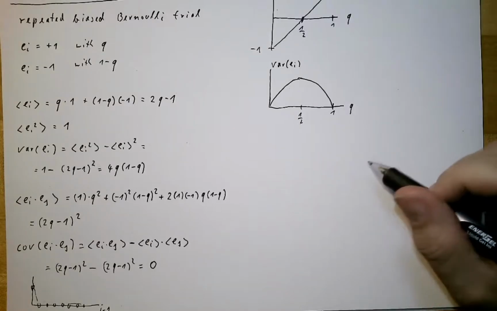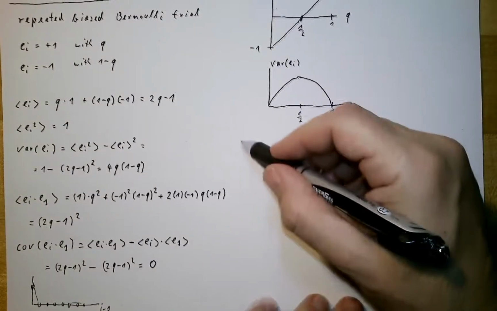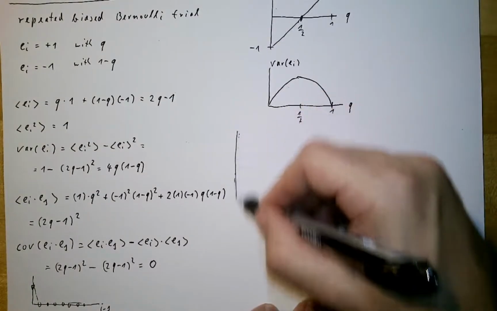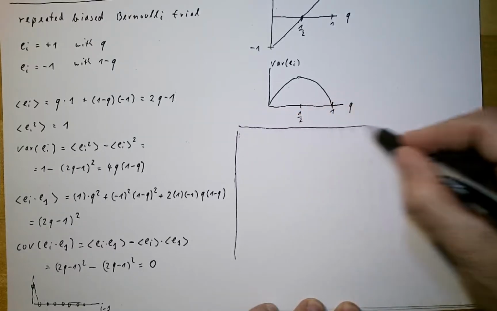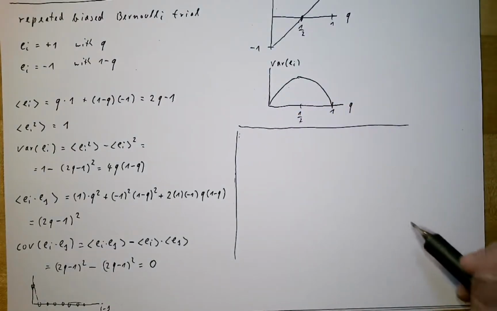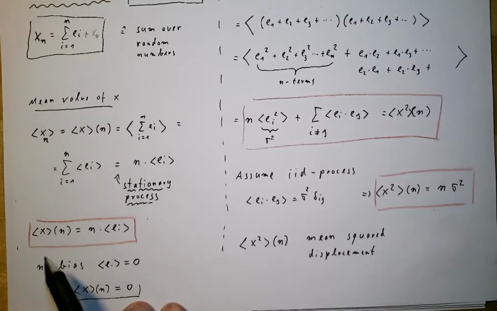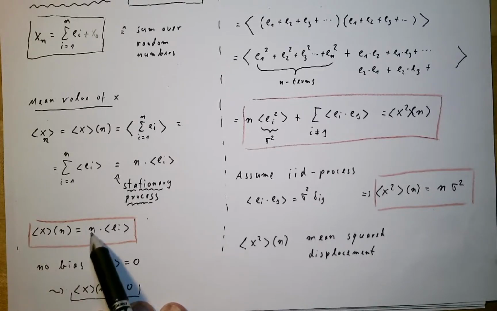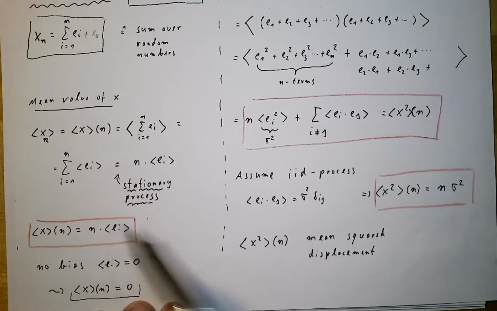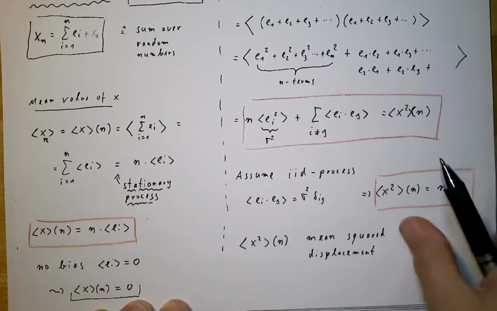Okay, so once we have this, now we can look at what our walker does. Let's see what the expectation of the position is. The expectation of our random walk as a function of time is n times the mean value.